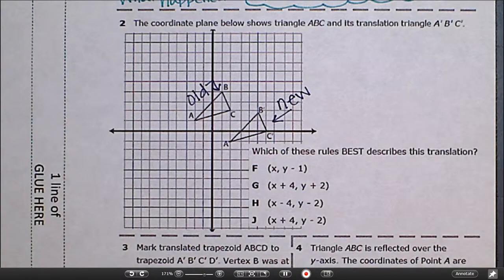The first thing we need to do is make ourselves a table.